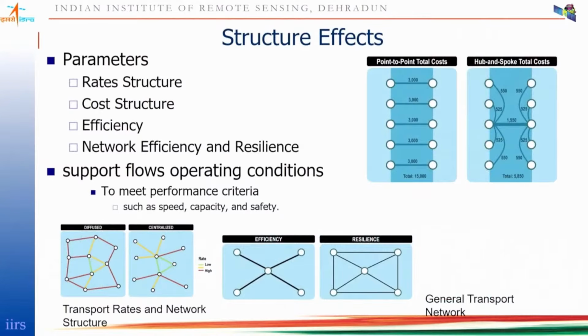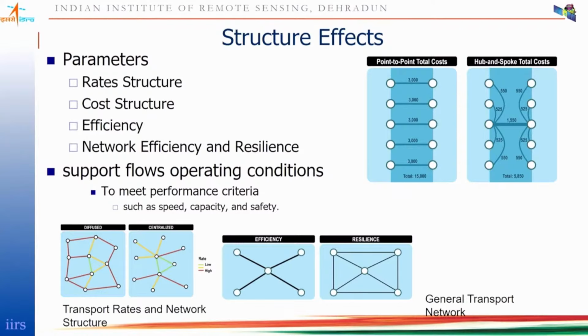These structures are also important to define a cost. For example, if you take a transportation cost, it may be in terms of distances, or fuel cost, or a per kilometer rate of transportation, and so on.